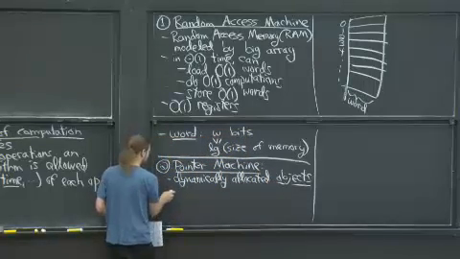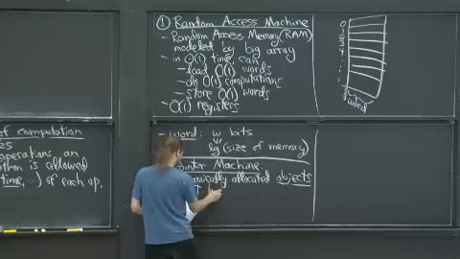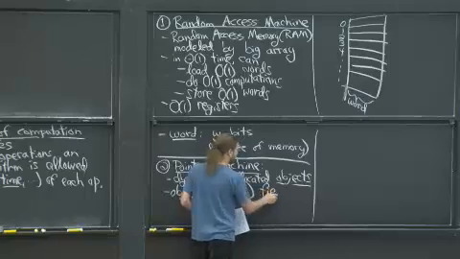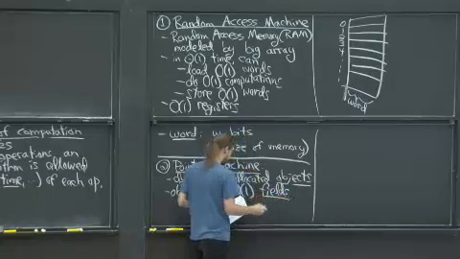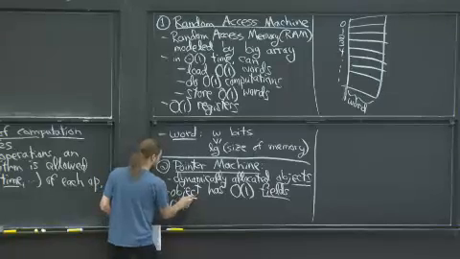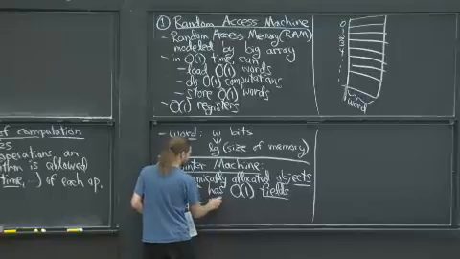And an object has a constant number of fields. And a field is going to be either a word.